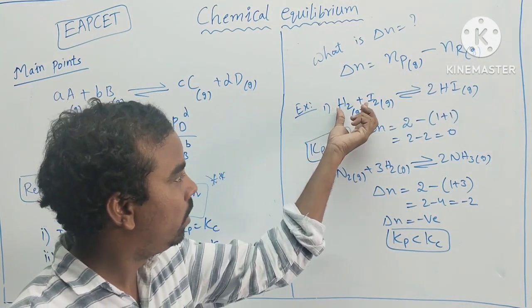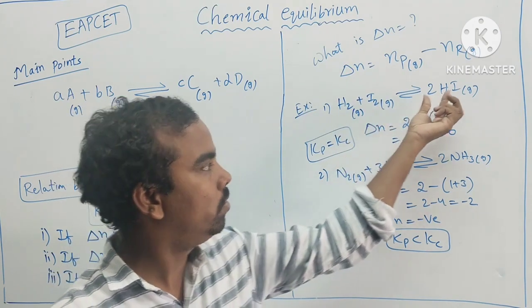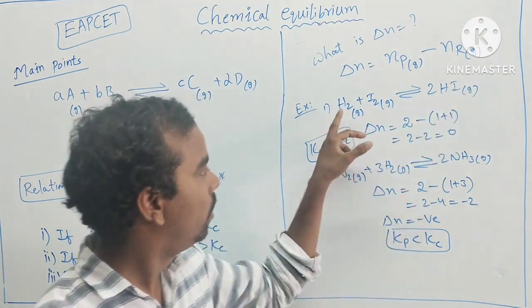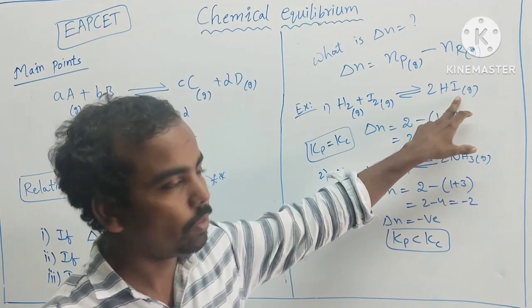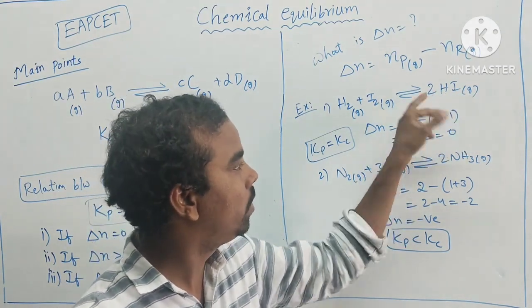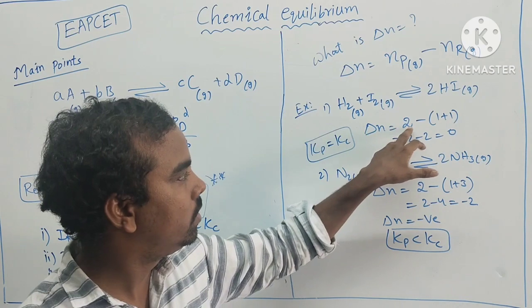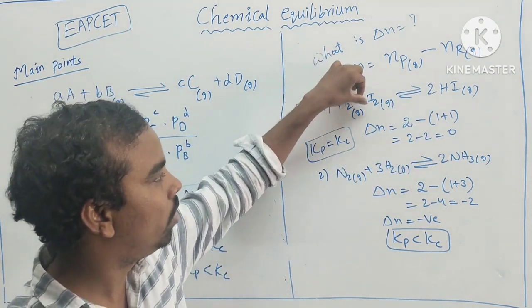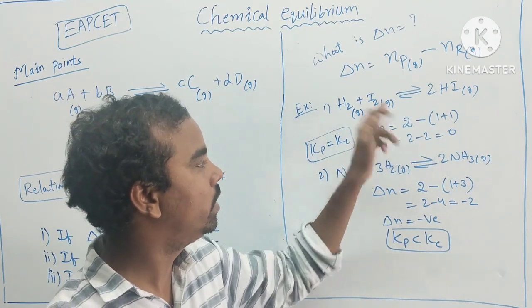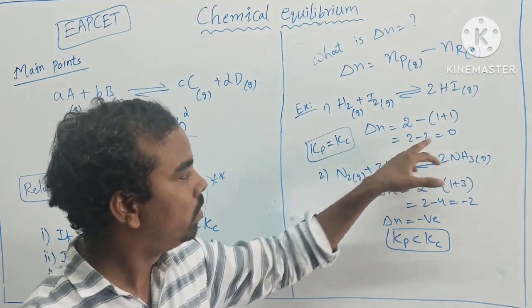So here, for example, H2 plus I2 is in equilibrium with 2HI. The left side parts are called reactants. These are products. Gaseous products, how many? 2 moles. So delta n is equal to 2 minus gaseous reactants, 1 mole H2, 1 mole I2, so 1 plus 1, 2. 2 minus 2 is 0.